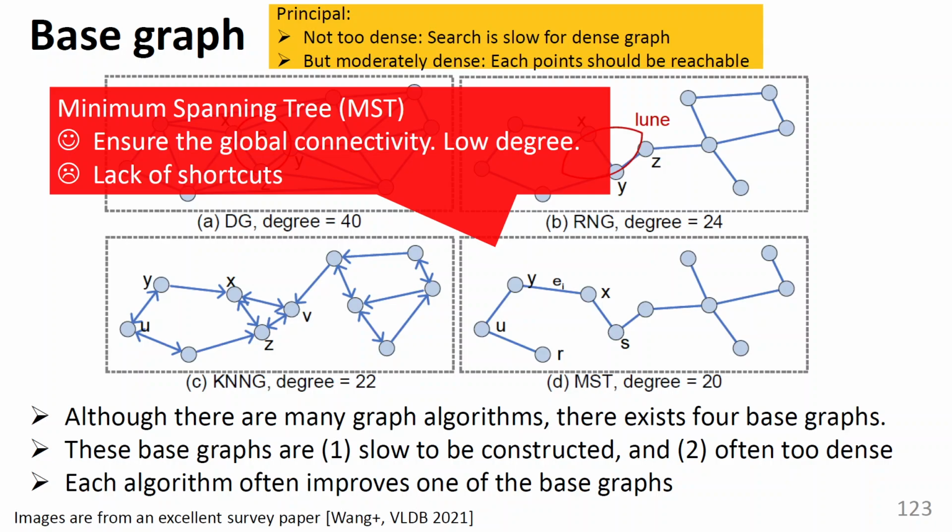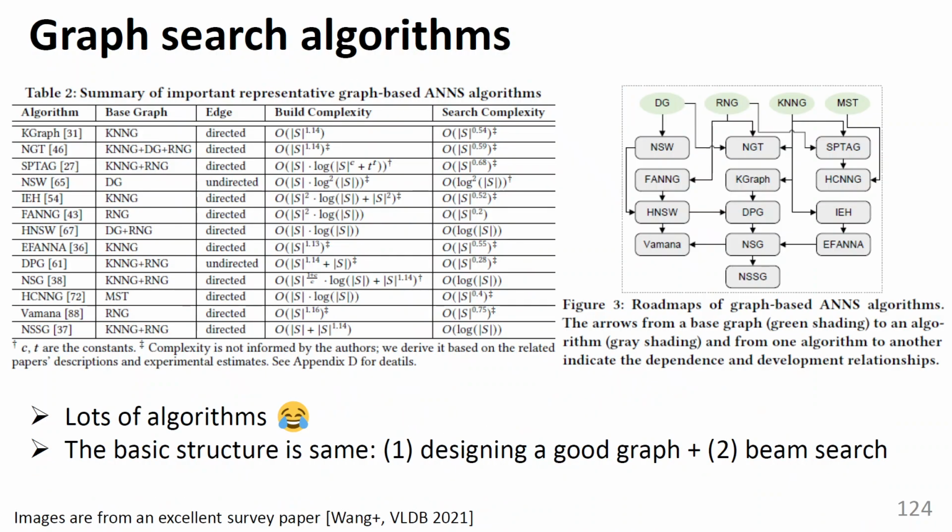Okay, so based on these 4 base graphs, here is a roadmap of how they developed during the past years. You can see so many algorithms based on the graph-based structure.